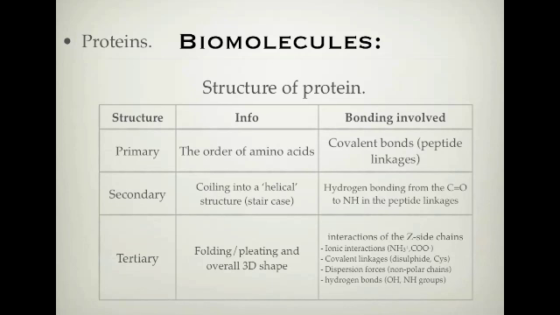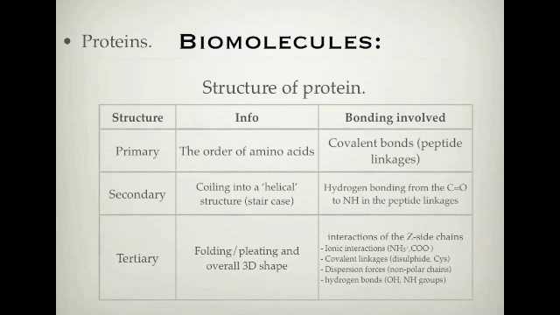The secondary structure of a protein looks like the coiling or the helix structure. So the staircase structure, you know DNA is a double helix. Basically take one of those, and how it coils around into a spiral is the secondary structure of a protein.